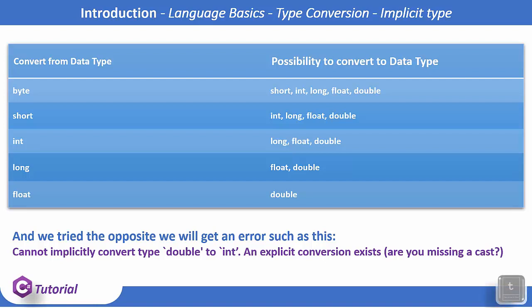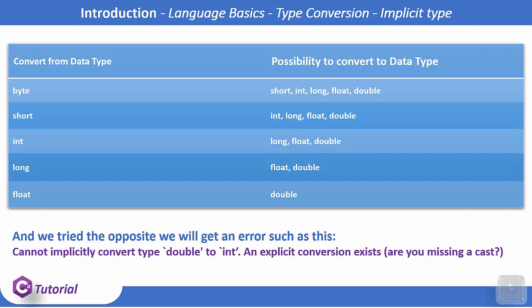This will happen automatically. And if we convert from short, we can have integer, long, float, double. And every time the list will be reduced. So now if we say int, then we can use long, float, double.